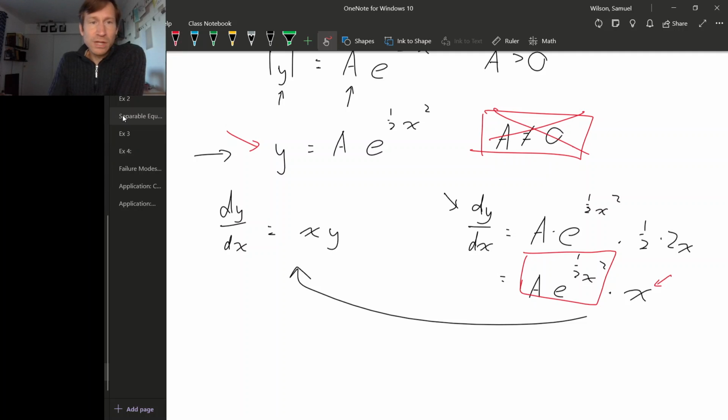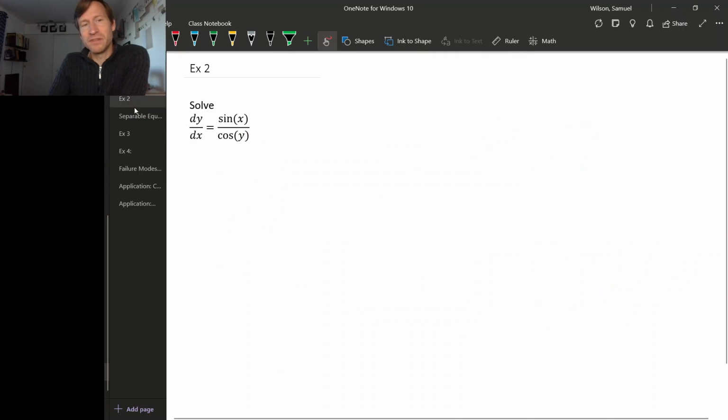All right, so let's have a look at another example of a differential equation. So how about dy/dx equals sine x over cosine y? So I definitely would not be able to guess a function y that satisfies this differential equation. It just seems too complicated. But we can try the same idea.